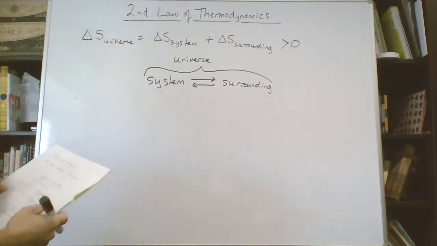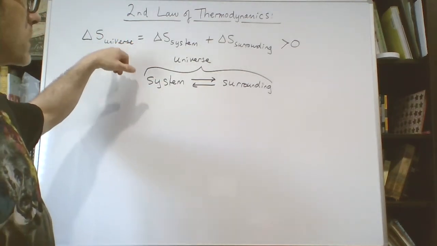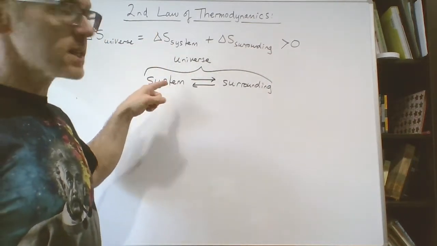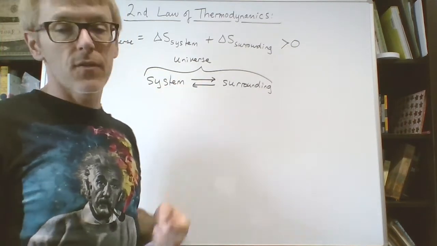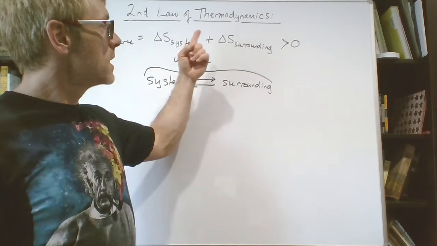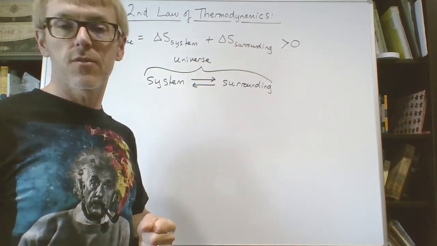So now we're going to comment on the fact that the entropy of the universe is always increasing. And we know what the system is, and the system therefore is easy to measure. It's very difficult to measure the surrounding, so we're going to try and rephrase this term so that we can change the label from surrounding to system.